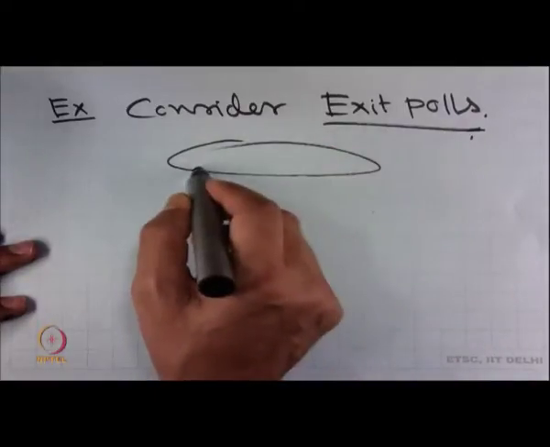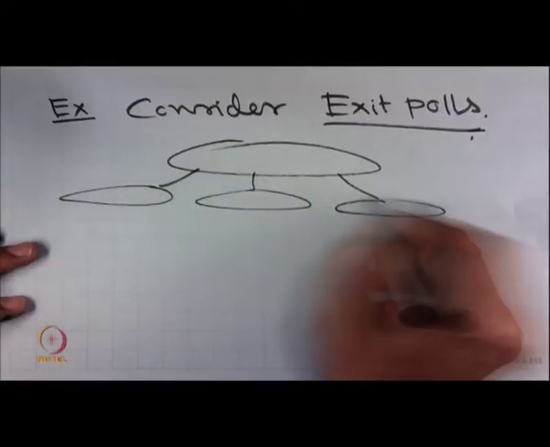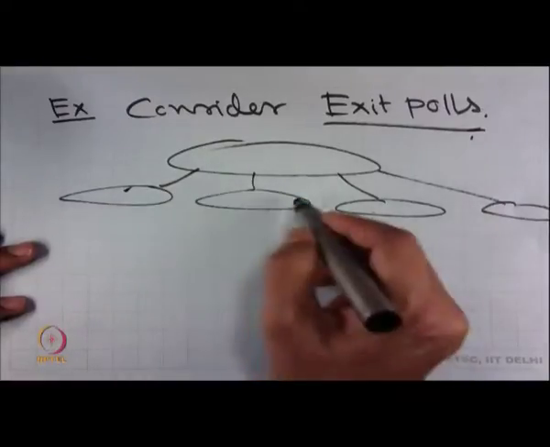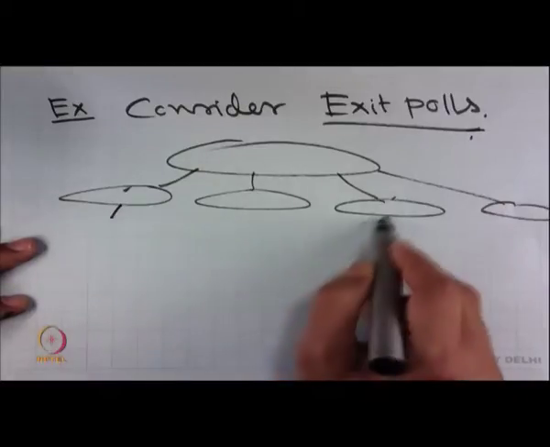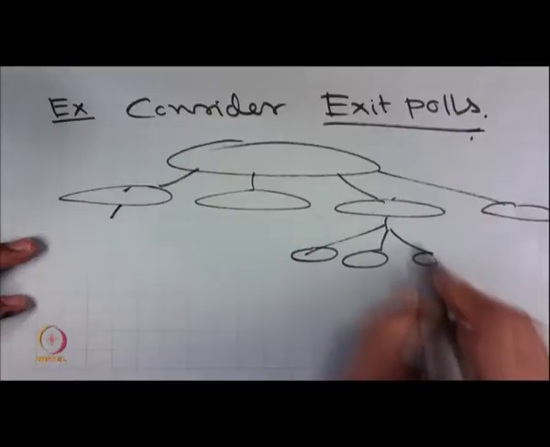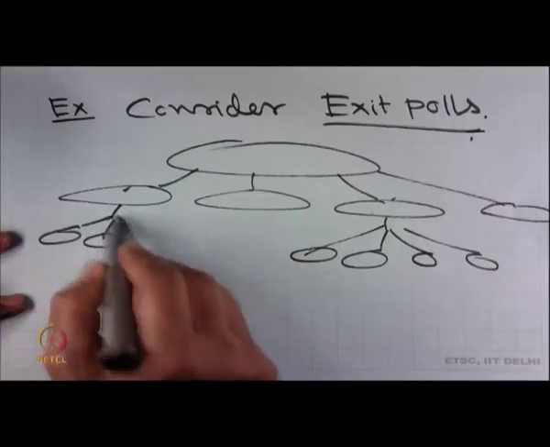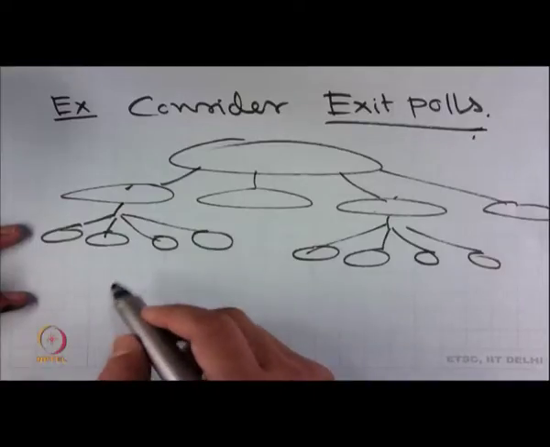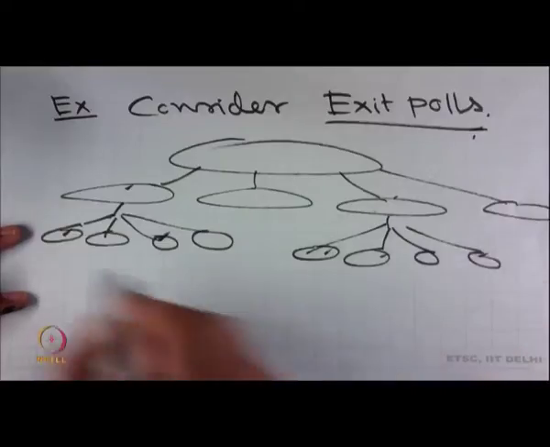If this is the country, we can break it into different states. We may choose some of the states randomly. Within those states, there may be many districts. Again, it is not possible to consider all the voters of one district. So, what is done? Suppose some of the districts are chosen randomly.